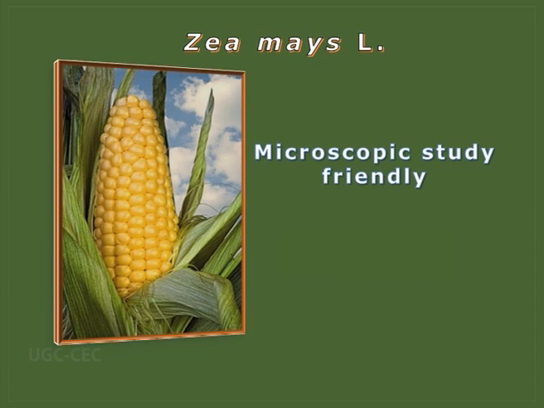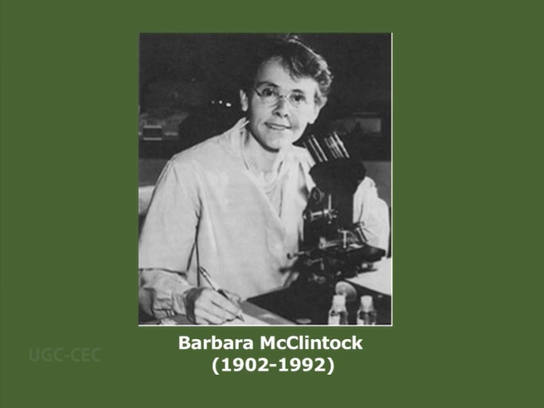It is suitable for microscopic studies, and it is very friendly to study under the microscope. For the first time, the discovery of transposons, or jumping genes, was done by Barbara McClintock using maize. This is a marvelous discovery in the field of molecular biology, wherein we could understand the concept of jumping genes for the very first time in maize.